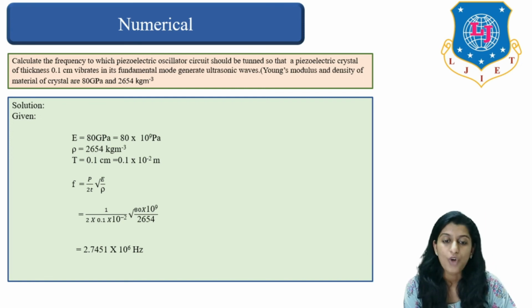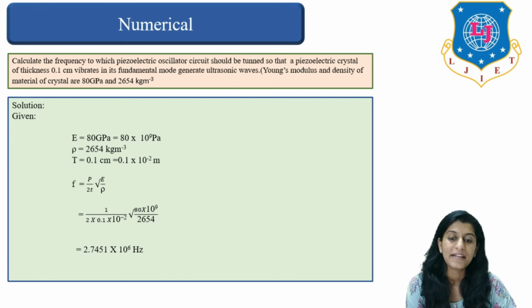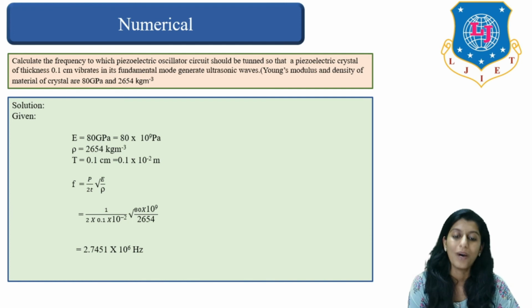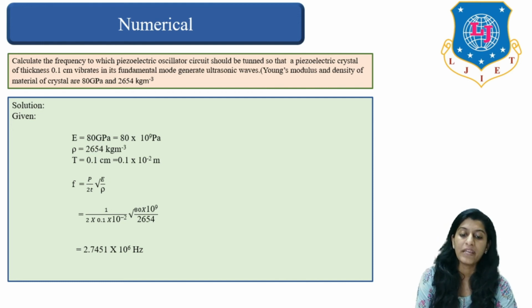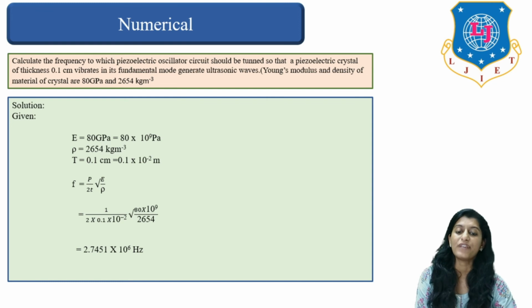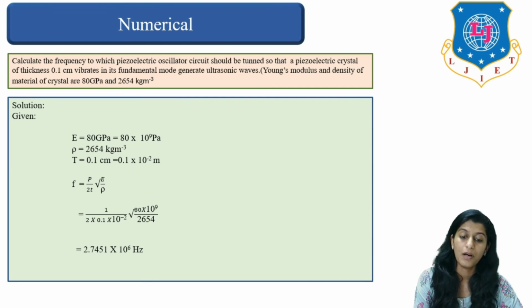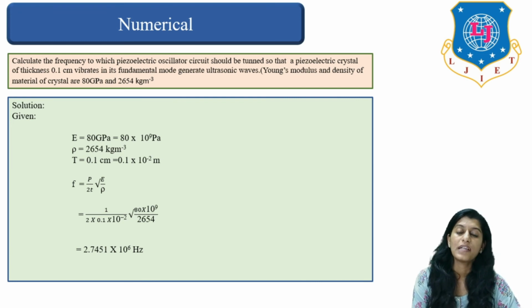t, the thickness of the piezoelectric crystal, is given to us as 0.1 centimeter. Converting it into SI unit will be 0.1 × 10^-2 meter. So putting all the values in the given formula of f equals p upon 2t under root of E by rho, p is 1, upon 2 × 0.1 × 10^-2, under root 80 × 10^9 upon 2654.